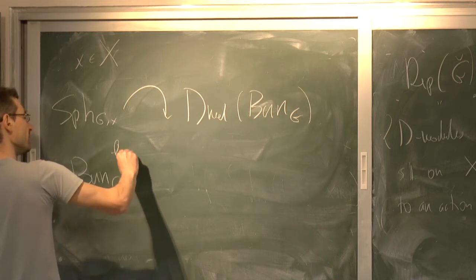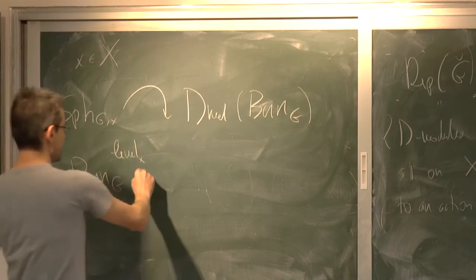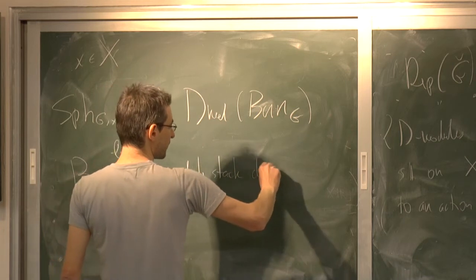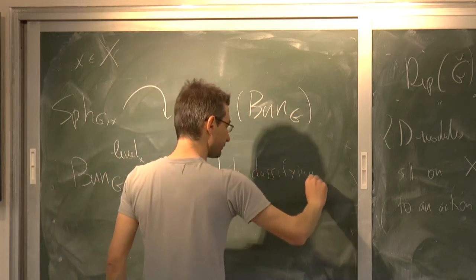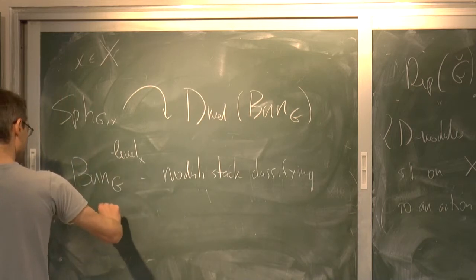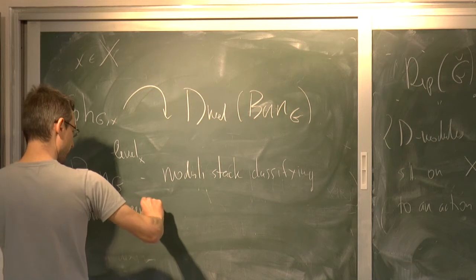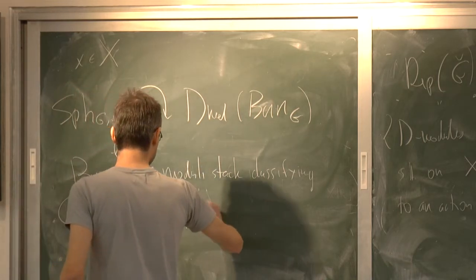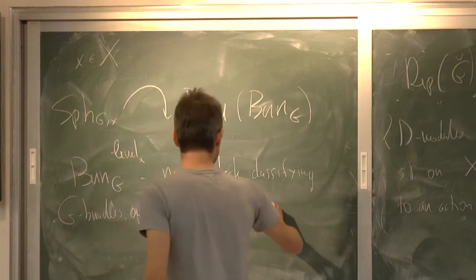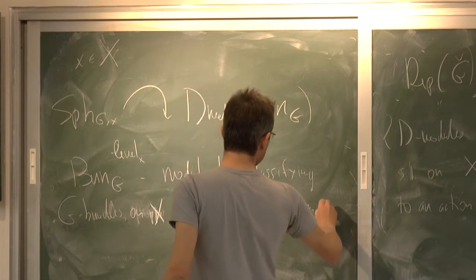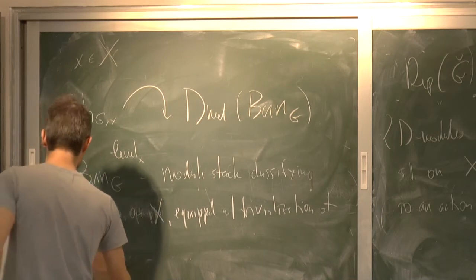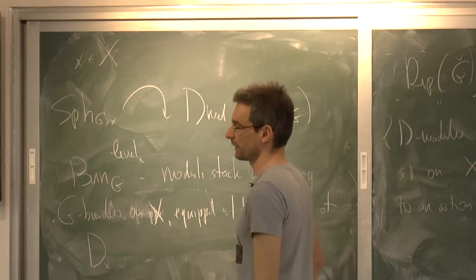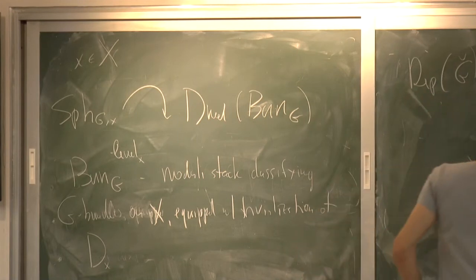I'll call it Bun G level X. This is the moduli stack classifying G bundles on X equipped with trivialization on D_x. So D_x, this scheme maps into your curve, and you can restrict your bundle and equip it with the trivialization. This is called bundles with a level structure.